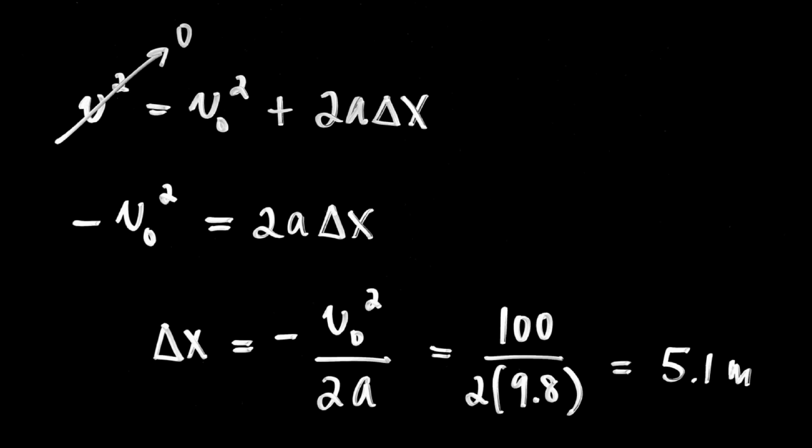The negative sign of the acceleration is going to cancel that negative sign that appears in the equation, so I get a physically reasonable answer. V naught is 10, so v naught squared is 100. I'll dismiss the negative sign because I know how that goes. 2 times 9.8, and what is my final value here? 19.6. 100 divided by 19.6 is 5.1 meters. So I found the maximum height.